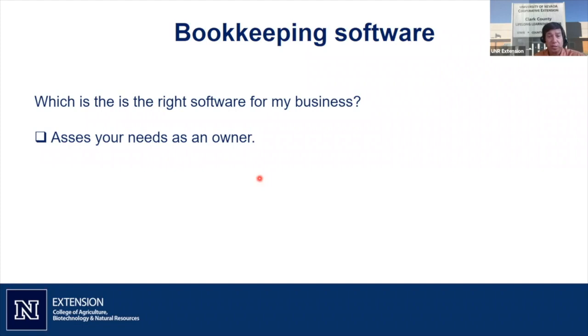I mean, there are some businesses that don't need something too complicated. Many software has a lot of whistles and bells that you will never use. Okay, like tracking inventory or tracking jobs, or tracking cost assessment.